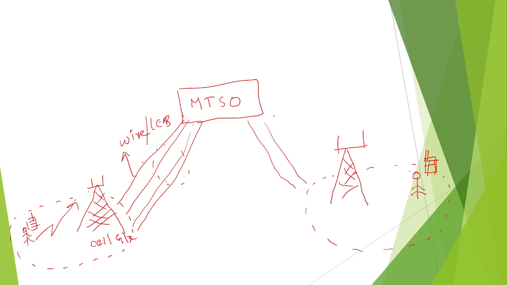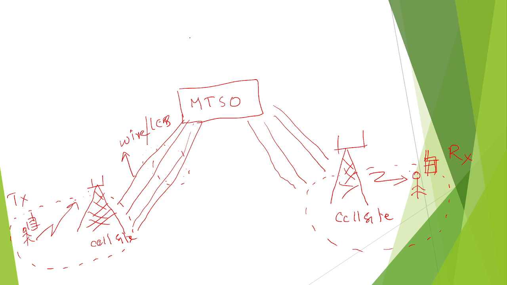Using the MTSO and the receiver address, the call will be connected to the receiver's nearest cell site, and from here to here the signal will be received by the receiver. This is the receiver address and this is the transmitter address.